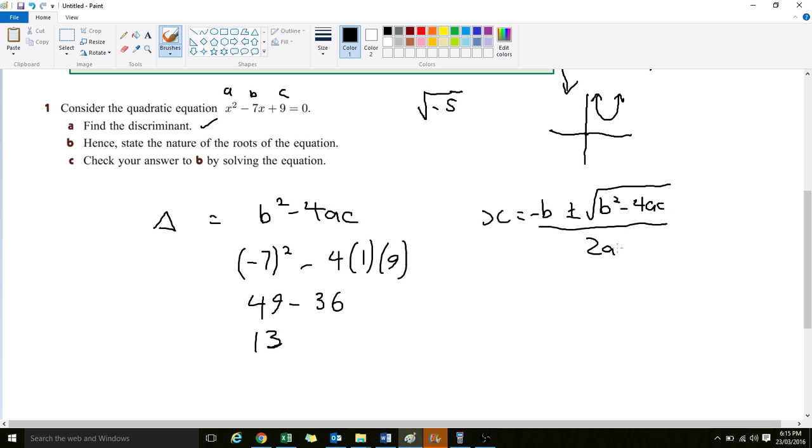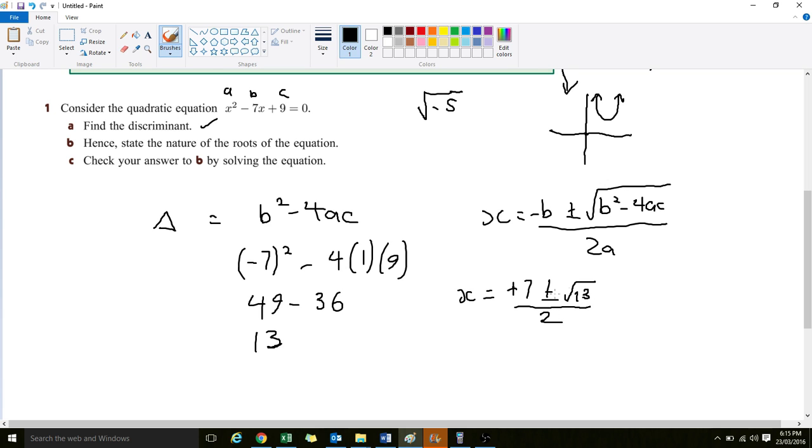Now we've already solved this part, so we're just going to put the 13 in there and carry on like we normally would. So x is equal to, now b is -7, so it's going to be +7, plus or minus the square root of 13 on 2 times 1, which is just 2.